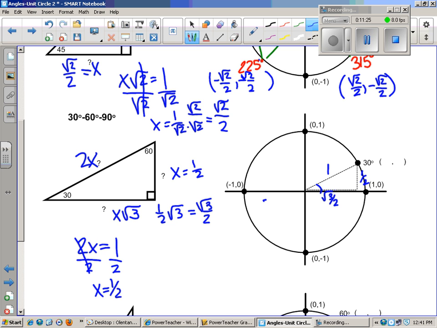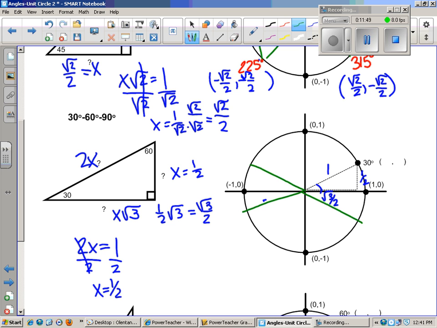All right, and then let's label our reference angles. So how far are we away from horizontal? 30, right? Aren't we 30? This angle's 30. So I'm going to make 3 other 30-degree angles. Okay?